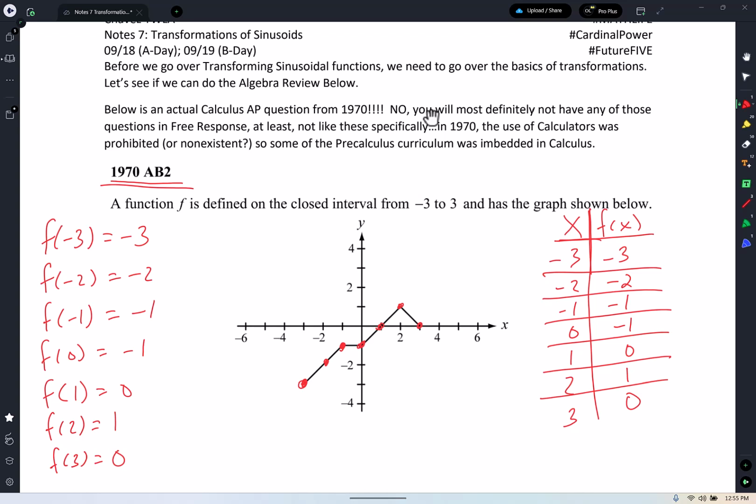And of course, this point here, I'll reference this point. That point is 2, 1. So you can say that is f of 2 equals 1, or you can also say that guy is that guy.